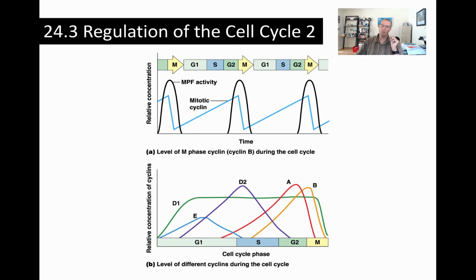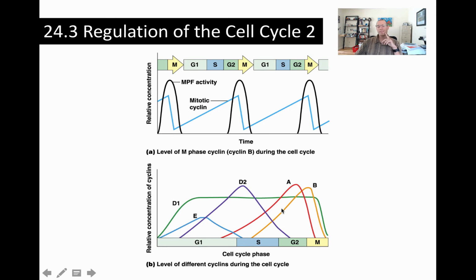It's called maturation promoting factor, because when my boss discovered these cyclins and subsequently this activity called MPF was discovered, they were working in frog eggs, and they were looking at the role of this protein kinase activity in frog egg maturation. So it's not mitosis promoting factor, although that's sometimes what it's called. It actually stands for maturation promoting factor. Anyway, so that's the mitotic cyclins.